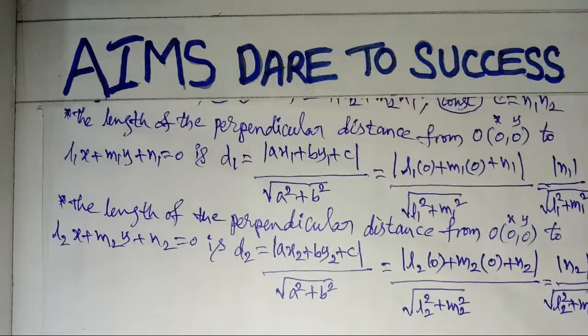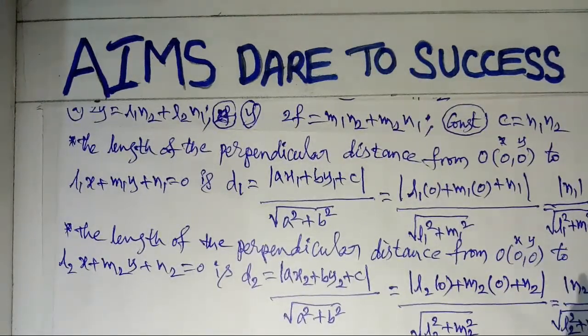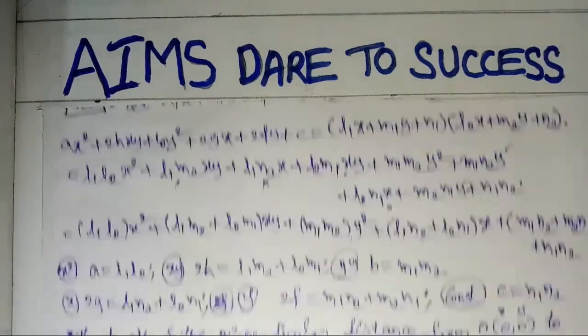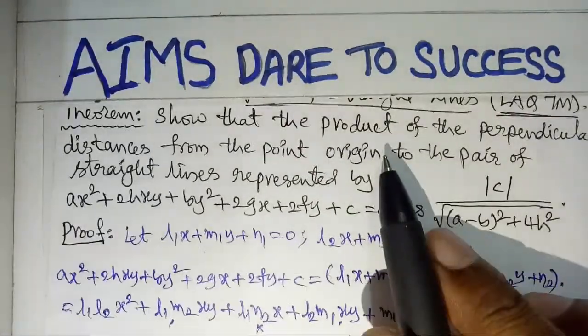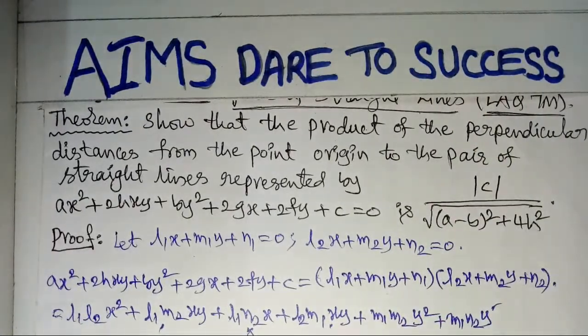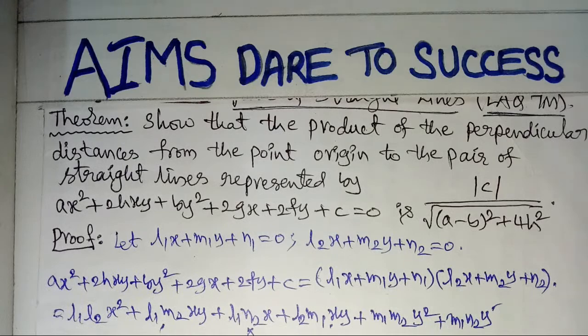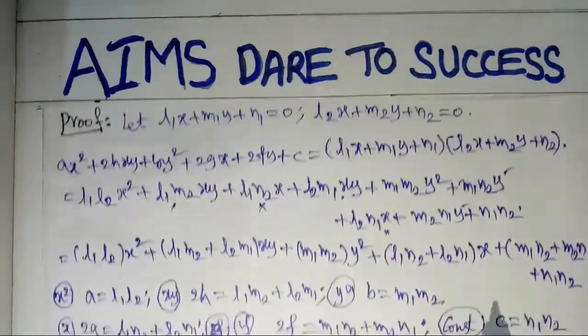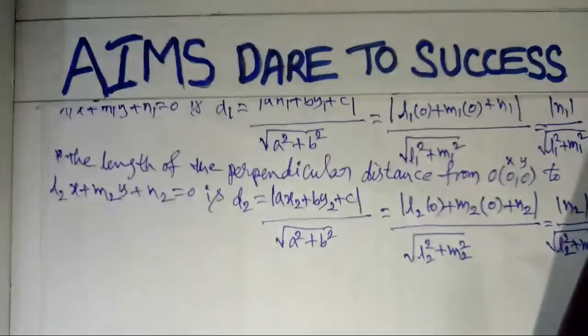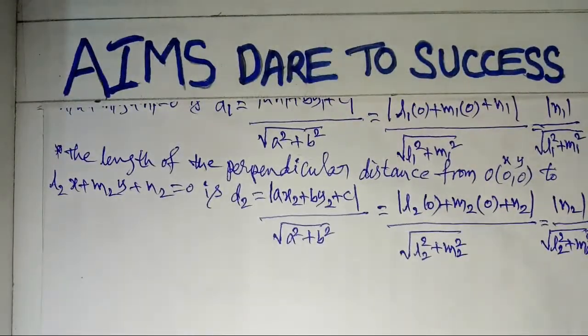After this, according to our problem, the product of the perpendicular distances means you can multiply these two values, D1 and D2.